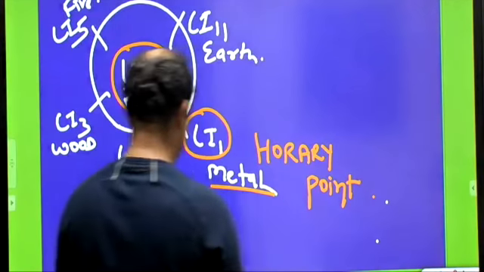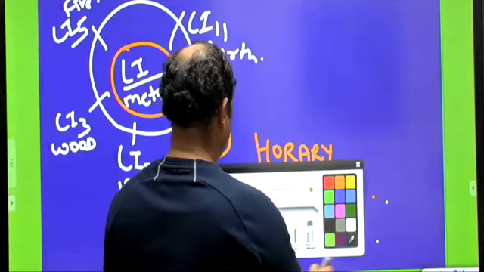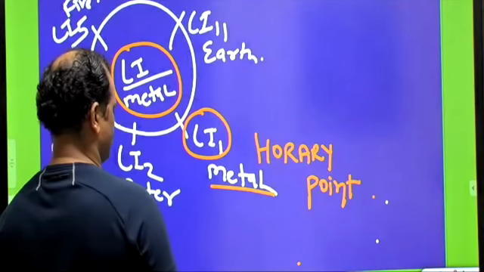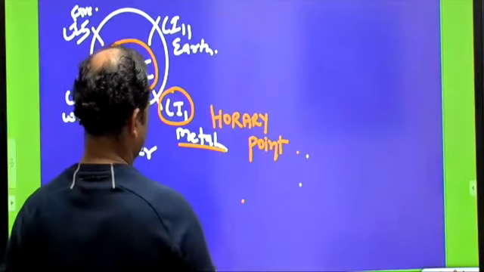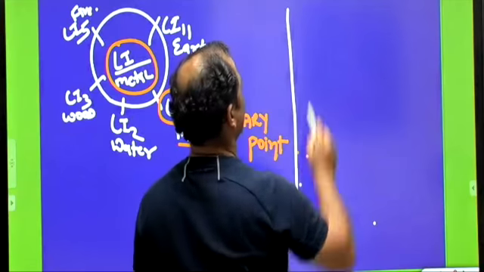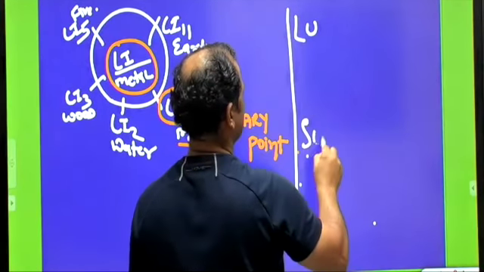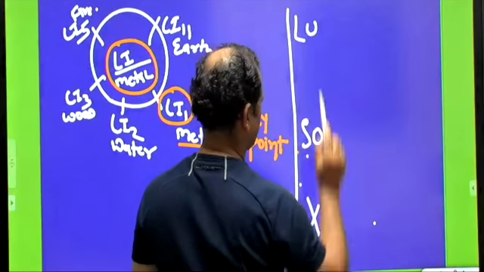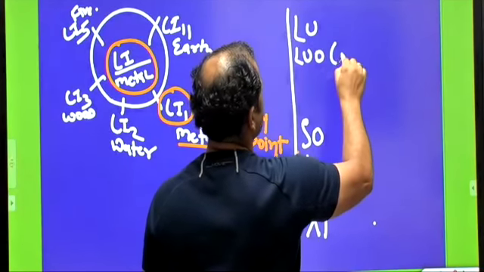So now, we have discussed in every meridian, we should have the idea of 8 points. Other than these 5 points, we should also have the idea of 3 more points: Lu, Yuan, Xi. The meaning of Lu is Luo-connecting point.